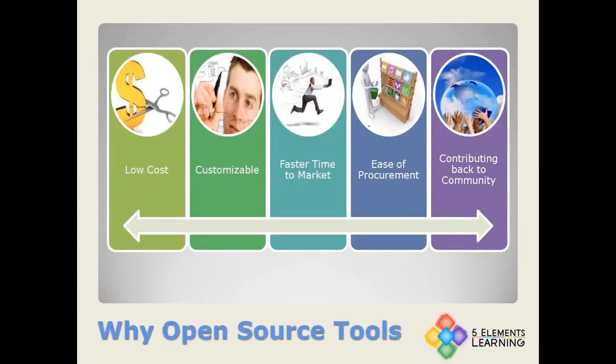Now, what is the benefit of using open source tools? They are low cost, customizable, you get faster time to market, there is ease of procurement, and a sense of contributing back to the community. That's the benefit we get by using open source tools. And we are not the only ones.